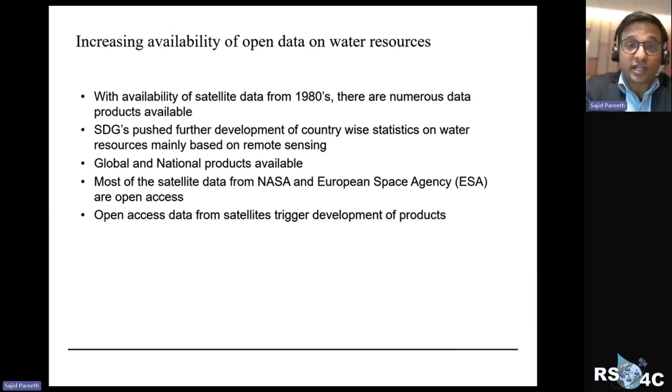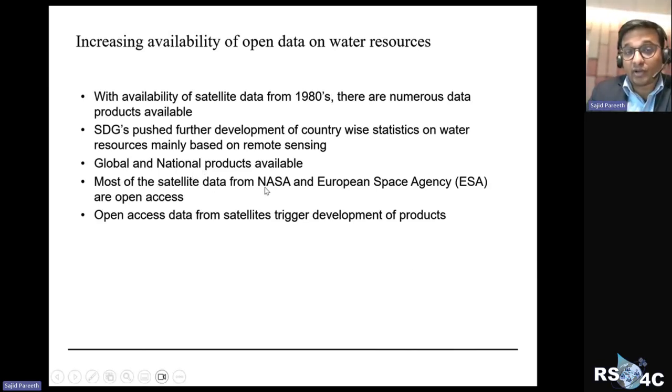With availability of satellite data from the 1980s, there are numerous data products available. The Sustainable Development Goals push further development of country-wide statistics, especially on water resources. And these statistics for the SDGs were mainly based on remote sensing because many of these countries don't have an inherent system for monitoring from the field. Both global and national products are available.